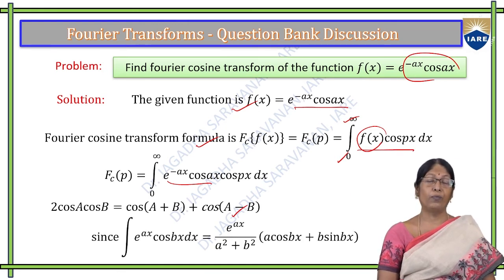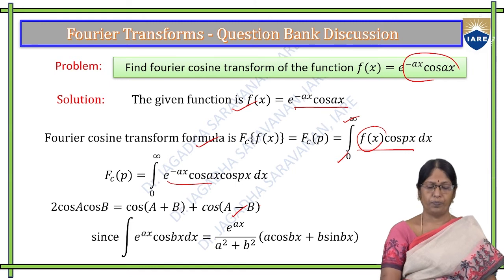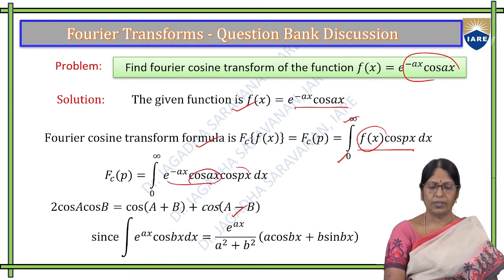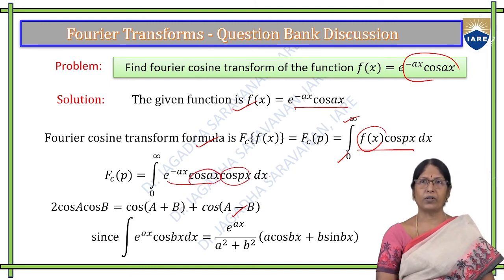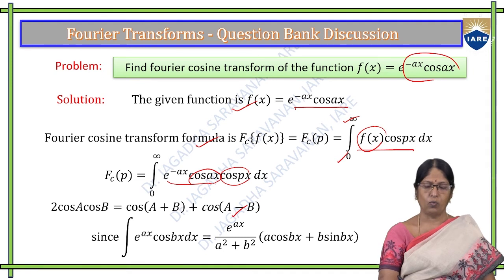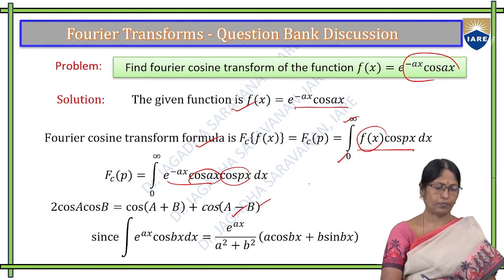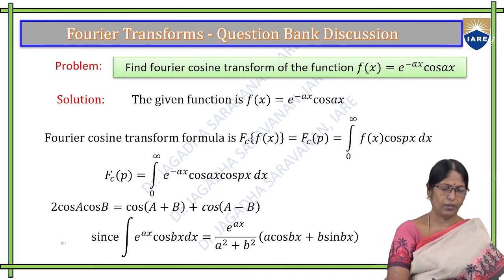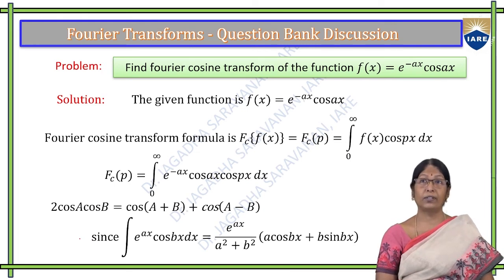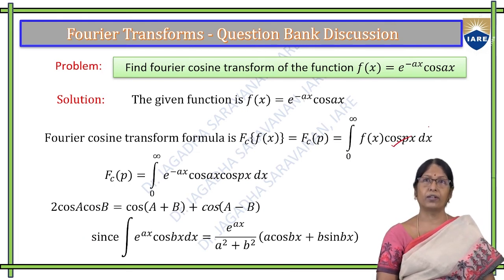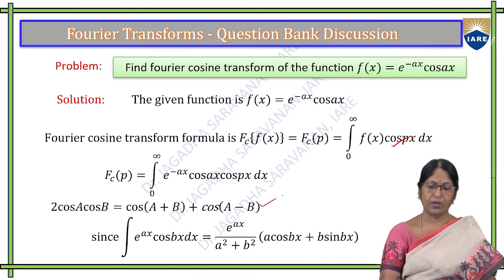Whenever the time is correct, that is the place to recall the trigonometry, a beautiful concept. If the trigonometric terms are in a product, or if the trigonometric terms have power, then this formula is to be selected. So the first formula, remembering the first level, Fourier cosine, next the trigonometric formula, third this.